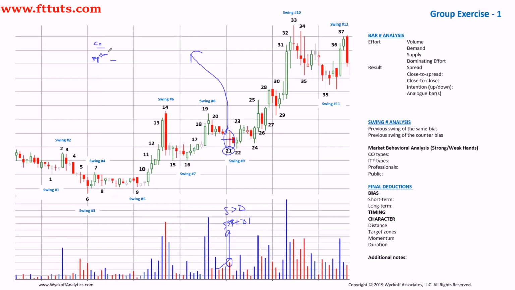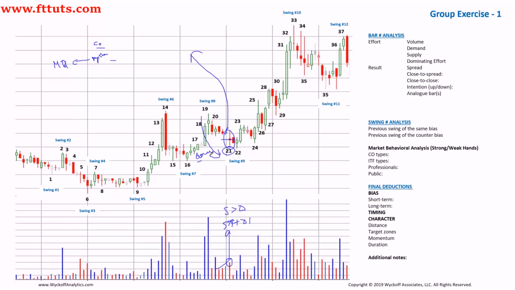So let's put the logic behind this assumption. Again, we might be wrong, but we will be right more times than wrong. With the gap down, is momentum to the upside or to the downside? Downside, momentum increases to the downside. And contextually for the whole swing, are we in an upswing or a downswing?